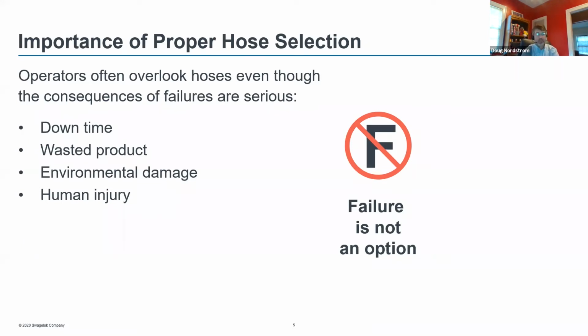If the hose is not spec'd in properly, it can be extremely dangerous, first and foremost, but it can also cause expensive downtime, wasted product, and of course, maybe expensive environmental damage. So what we say here is that failure is not an option. The proper hose always needs to be thought through and spec'd in for every application, and then planned for maintenance throughout the life cycle.